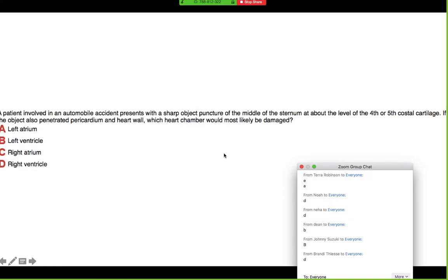If you think about your surfaces, you can answer this one. Right, so the answer to this one is going to be the right ventricle. Good.